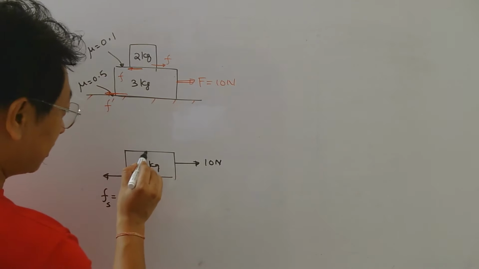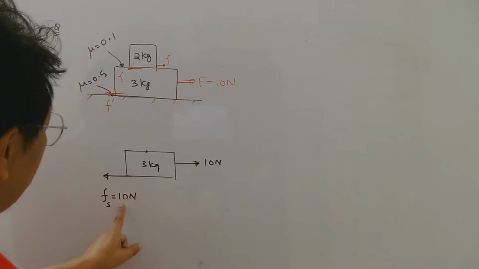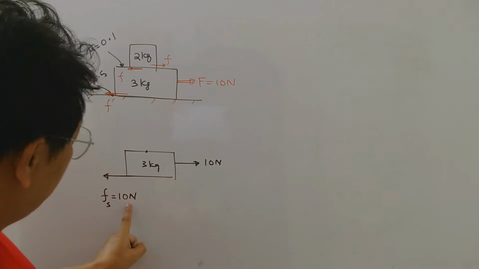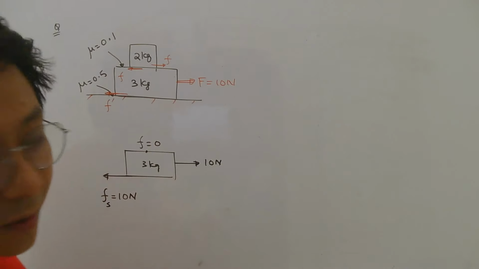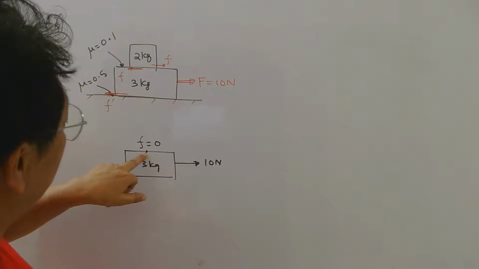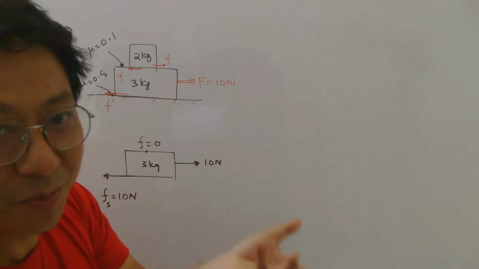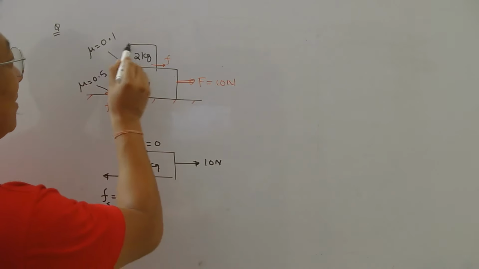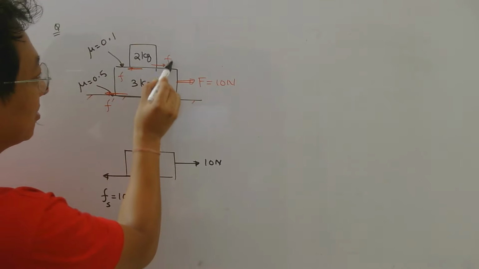So how much friction is needed here to keep this 3 kg at rest? This is only able to balance this. So if this is able to balance this, here you don't need any friction. Therefore, if friction here is 0, it means this friction must be static friction, because 0 friction can provide, right? 0 means nothing is needed. So this body will not accelerate, because if this friction is 0, this is also 0.